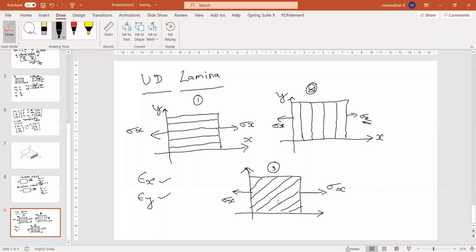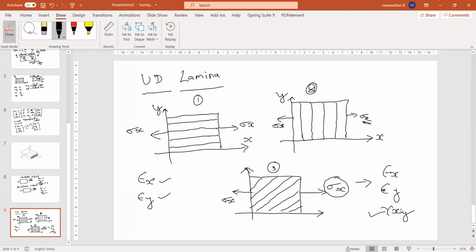Okay. What about this case? You can get, sir. Okay. So this case you can get epsilon x, epsilon y, and gamma xy. But you are applying only the extensional stress. You are getting a shear strain.